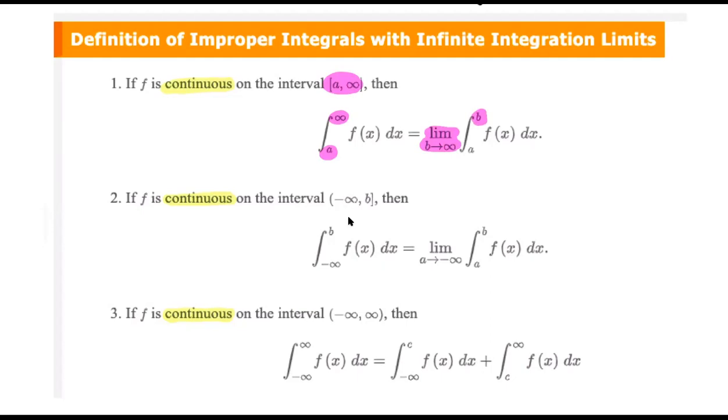So we're replacing infinity with b so that we can take an integral, and then at the end we say, well, let's take the limit as b approaches infinity. And if we can get a number out, then we're good to go. That function is going to converge. But if we don't get a number out, we get infinity or negative infinity, then that means that function doesn't drop fast enough, no area.